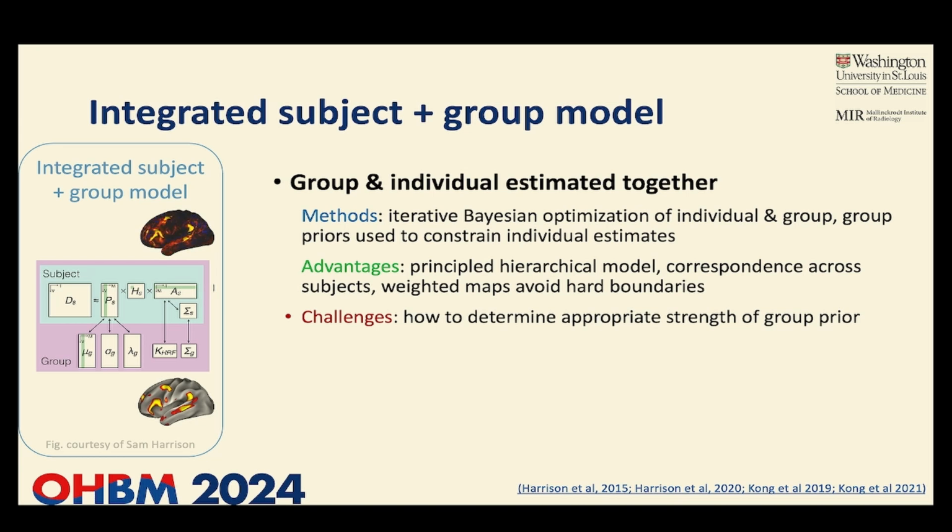And the fourth and final option that I'm going to cover here is this integrated model. There are a couple of different examples here. The idea is to develop a hierarchical algorithm that knows that there are participants and there's a group level average, and that enforces a correspondence between them, but doesn't estimate the group result first and then do the projection onto individuals separately.